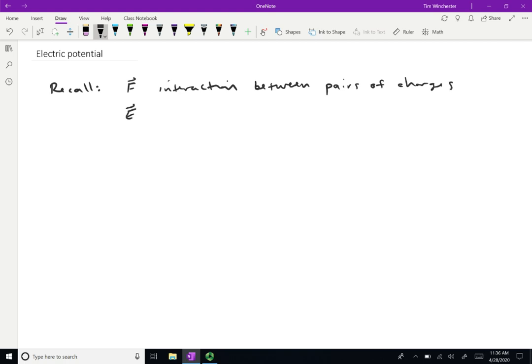Meanwhile, the electric field, which is just the force divided by the test charge, is not an interaction between pairs of charges. The electric field is more of just a property of an individual charge.